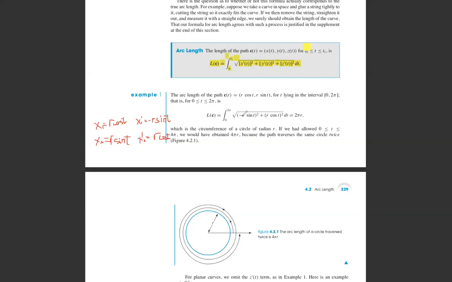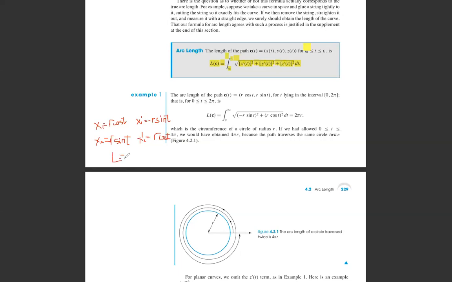So when you simplify, this is r squared sine squared plus r squared cosine squared. Well, sine squared plus cosine squared is just 1. So basically, this is the square root of r squared, which is r.